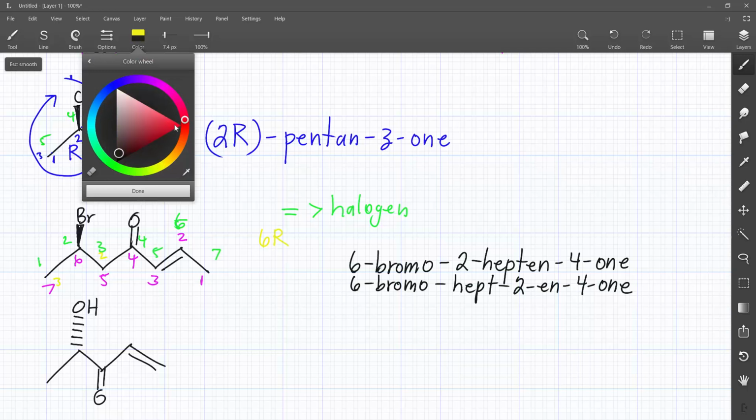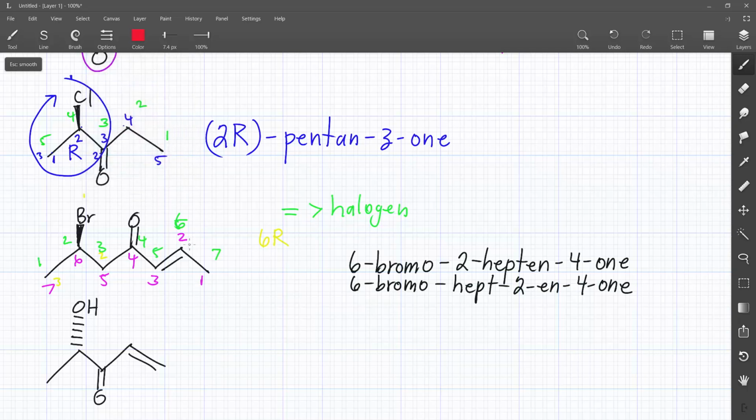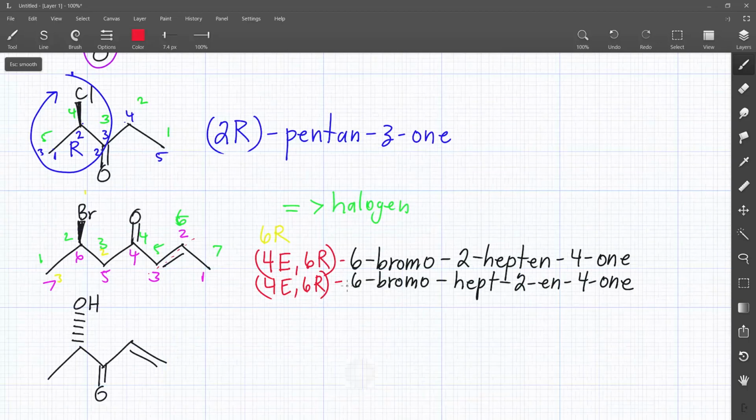And if we look here, we have our EZ notation. The priorities are on opposite sides. So that's going to be 4E, 6R.